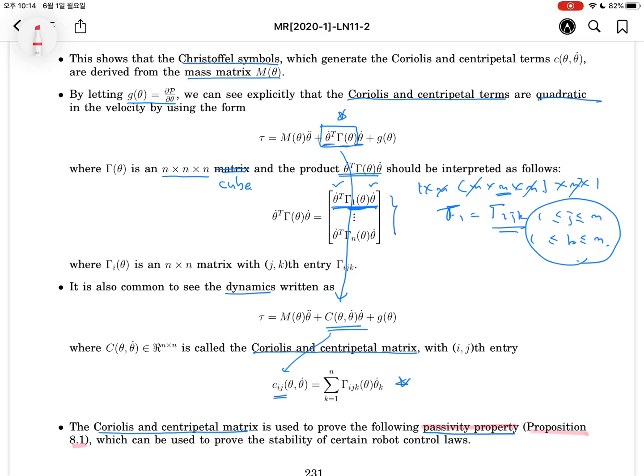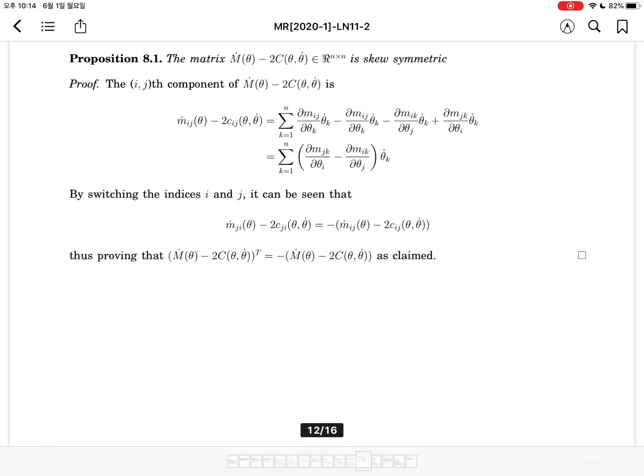Later, this concept will be utilized to derive the control law. Proposition 8.1 is very important for control theory: M dot minus 2C, the result is an n by n matrix, and it must be skew symmetric.